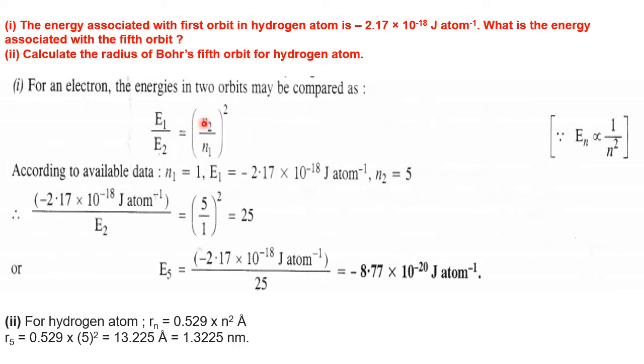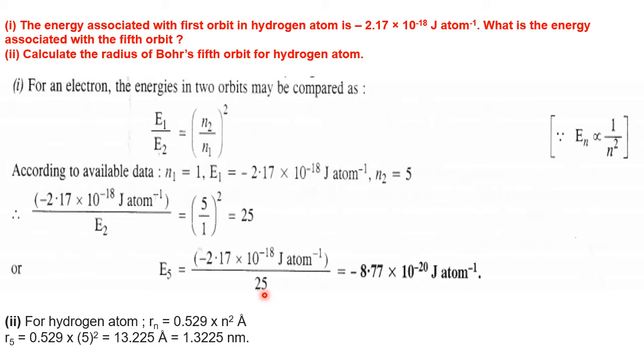So N1 is known, N2 is known, and E1 is given. Energy associated with the first orbit is given. The only thing is we have to calculate the energy of the fifth orbit, that is E2 here, fifth only. So let us substitute values: 25. Now E5 into 25 equal to this one, or E5 equals this divided by 25.